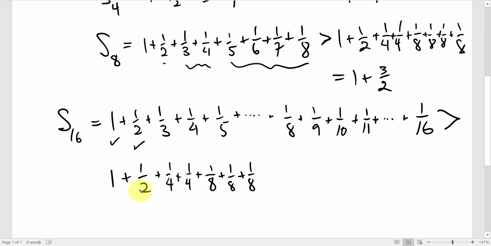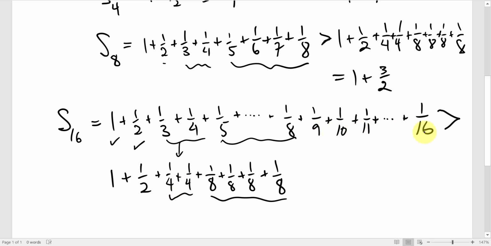So I'll just copy the 1 and the 1/2, and instead of 1/3 and 1/4, I'll just make them both 1/4. And then for these 1/5, 6th, 7th, and 8th, that's 4 terms right there. This is smaller. Those 4 terms match these 4 terms, 5, 6, 7, 8, right? And these guys replace those 2.